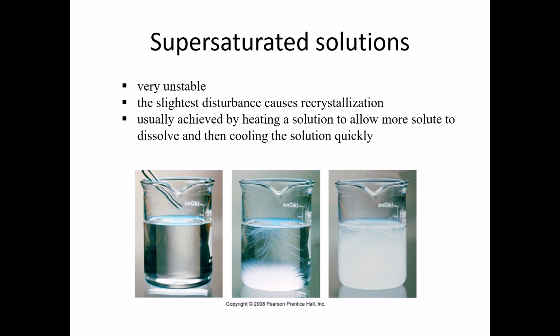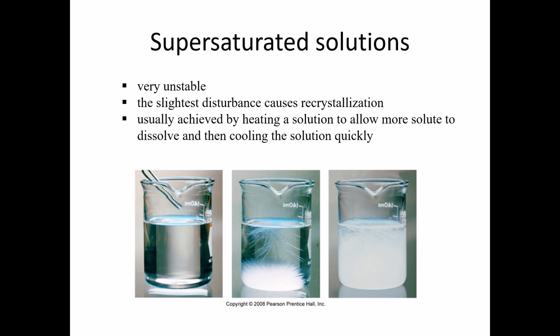But then we have to cool down that solution back to whatever temperature we need to work with it at. If we cool down the solution rapidly, we could freeze some of that solute into the dissolved state, not allowing it to fall back out of solution. This would create a supersaturated solution.